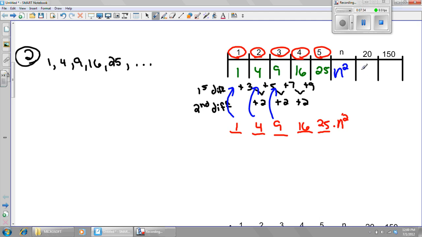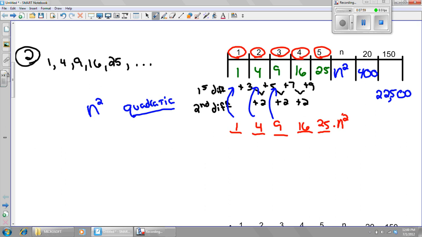To do 200 squared, well, 2 times 2 is 4. It's 20 times 20, there's 2 zeros there, it's 400. 15 times 15 is 225, and then there will be 2 more zeros, so it'll be 22,500. By the way, the formula here is n squared, and this is not linear, this is quadratic.